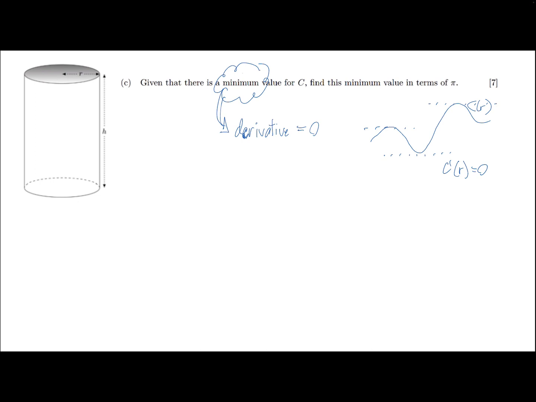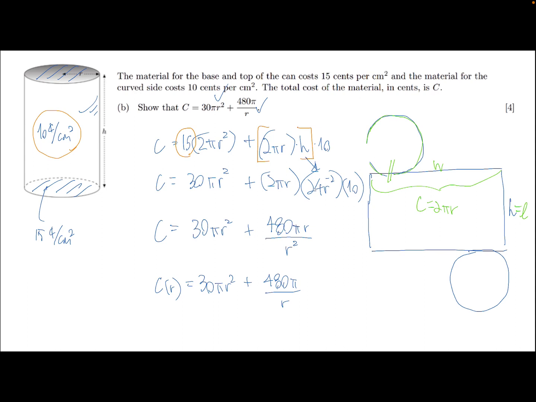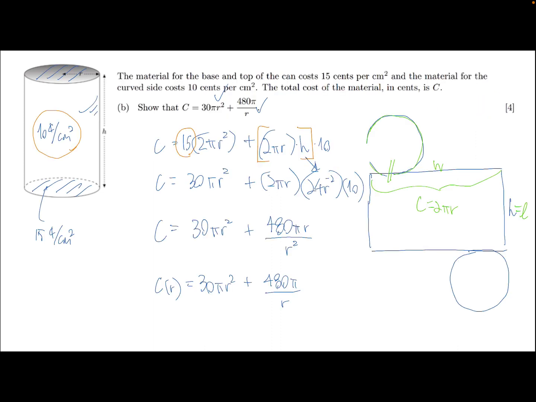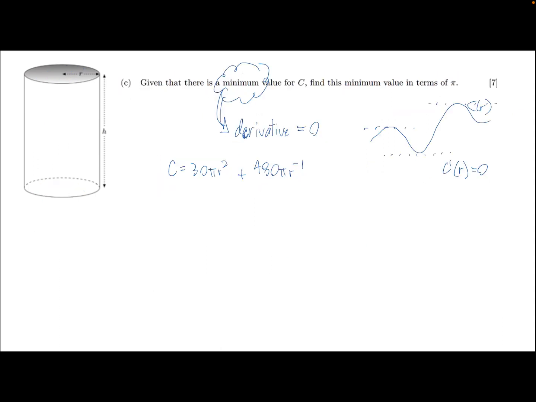So let's go back and retrieve our cost function, which is 30 pi r squared. So remember, C equals 30 pi r squared plus 480 pi, and then we had the r underneath, but we're going to bring it up and go r to the negative 1. So we can do the derivative a little more efficiently. So C prime of r, so it's just a function of r.